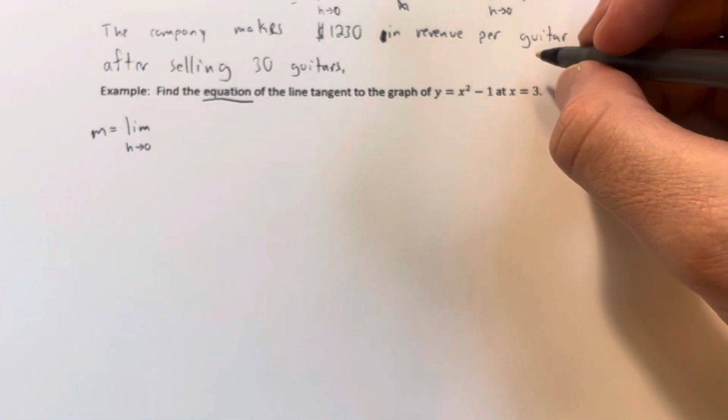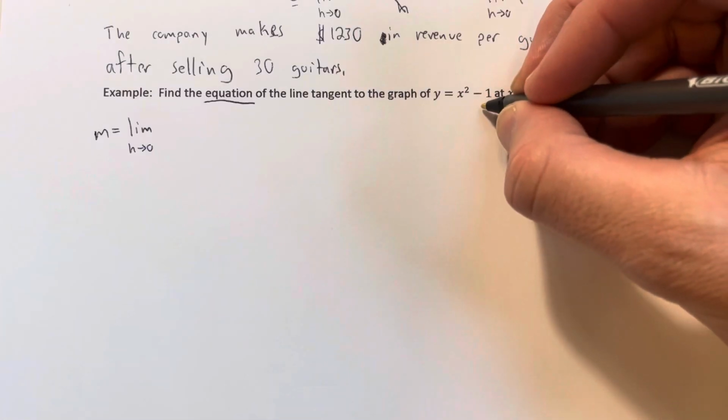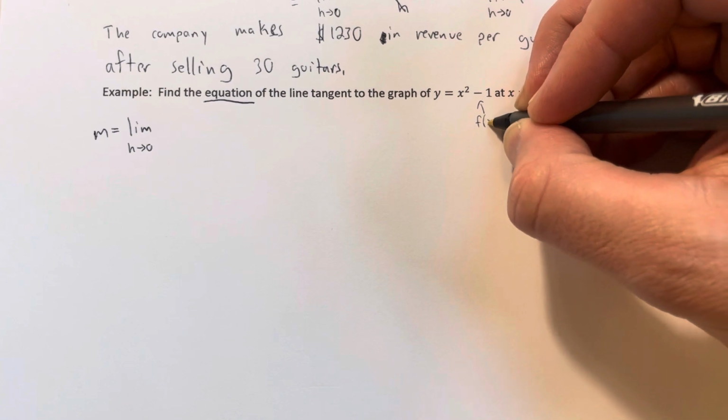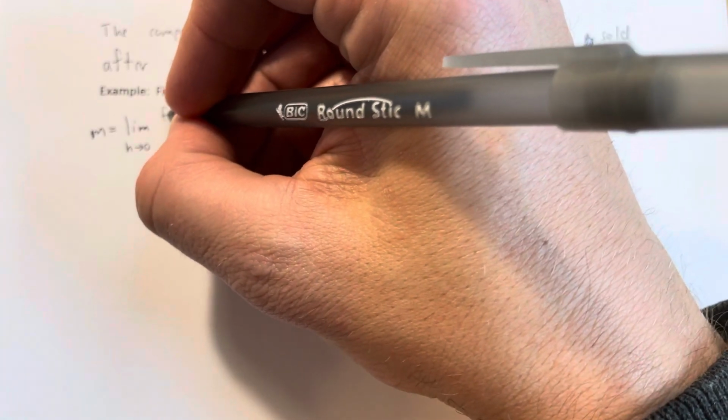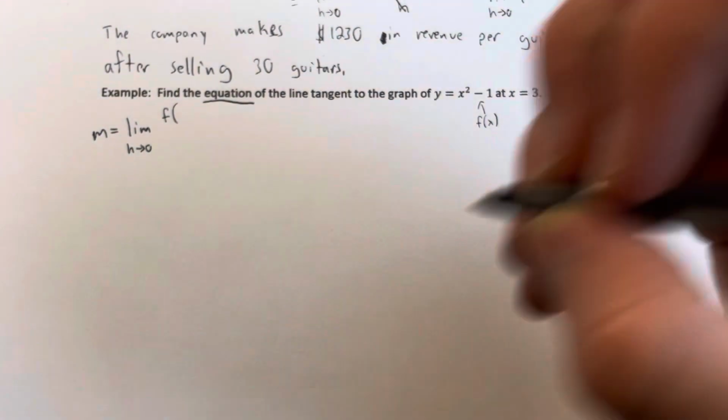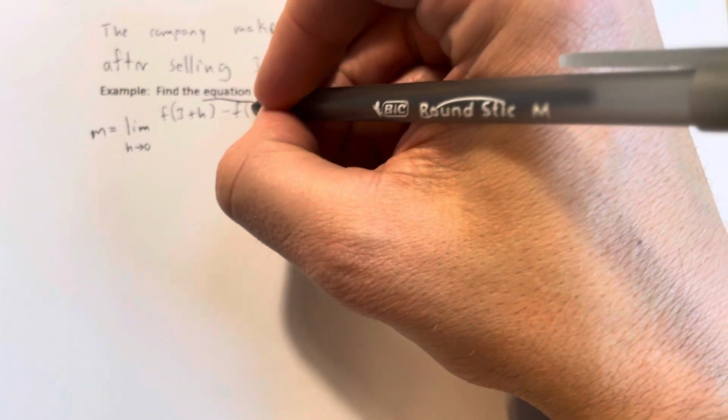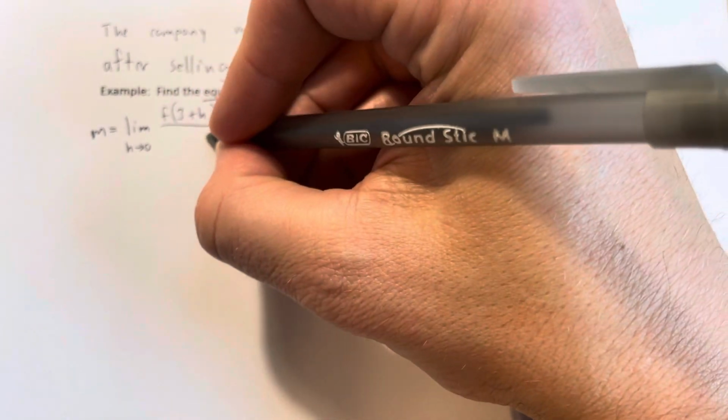So let's just start with that. Let's find the slope first. The slope of this line, m, is the limit as h goes to 0 of, if I call this function f of x, f of what? 3 is the number we're using here, so f of 3 plus h minus f of 3 all over h.